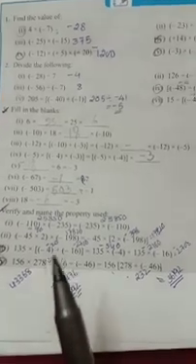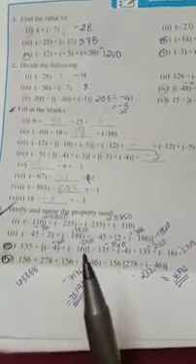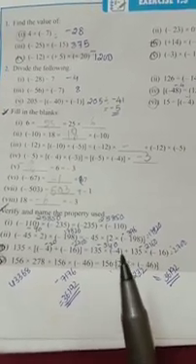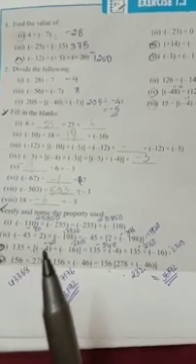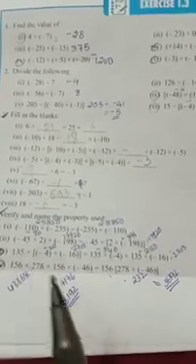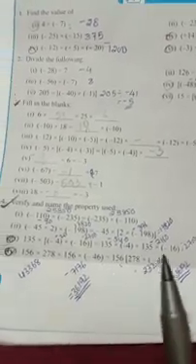Next, 135 into minus 4 plus minus 16. 135 into minus 4 plus 135 into minus 16. 135 given to minus 4. 135 given to minus 16. You are giving, distributing. This is called distributive property.